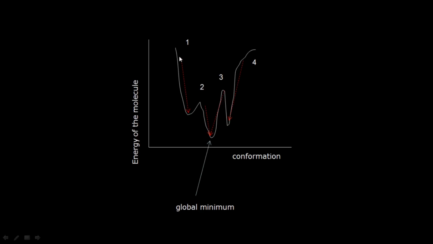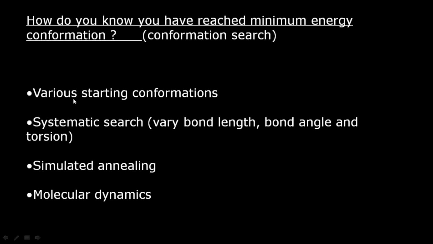For example, I start with 1, I may end up with a minimum which is not global but local. Then I start with 2, I will go down much lower than this, then I may start with 3 which may go here, I may start with 4 which may go here. So, by starting with different conformations and then keep minimizing and then look at the minimum of these minima, that we call the global minimum. Okay. That is starting with various starting conformations.